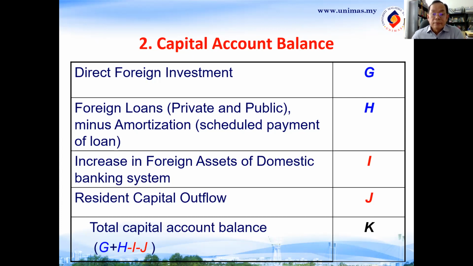So if we look at this here, to have a positive capital account balance, you need to have more foreign investment, direct investment, and also loans lah. I'll explain later, of course, the impact of this later on.